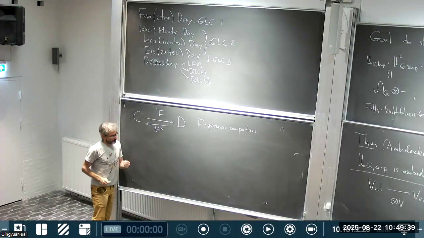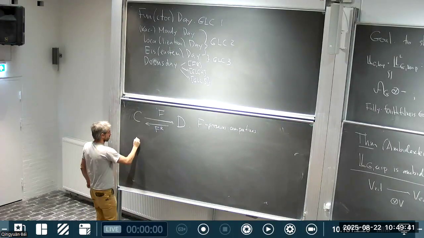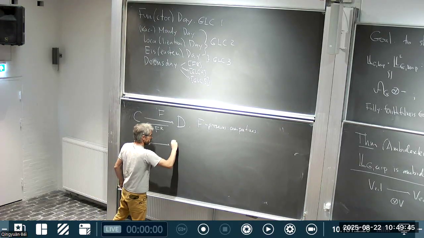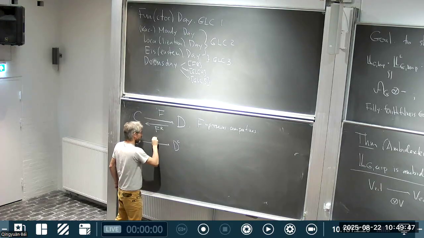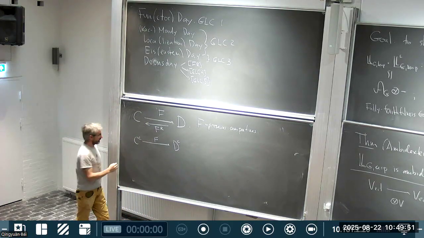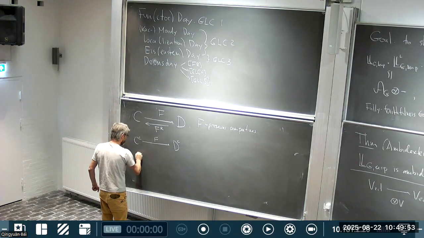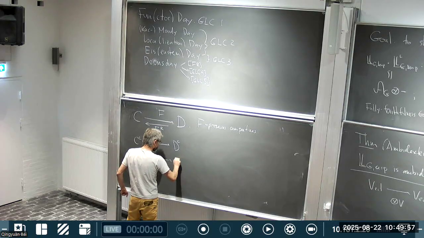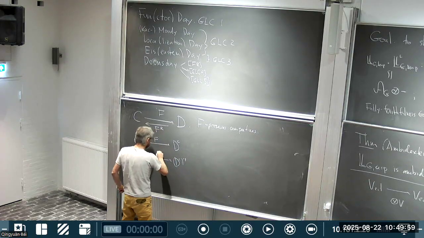But you can also do something else. Because it preserves compactness, you can take the opposite of F and consider the functor from C compact op to D compact op. Let me call this functor F off.